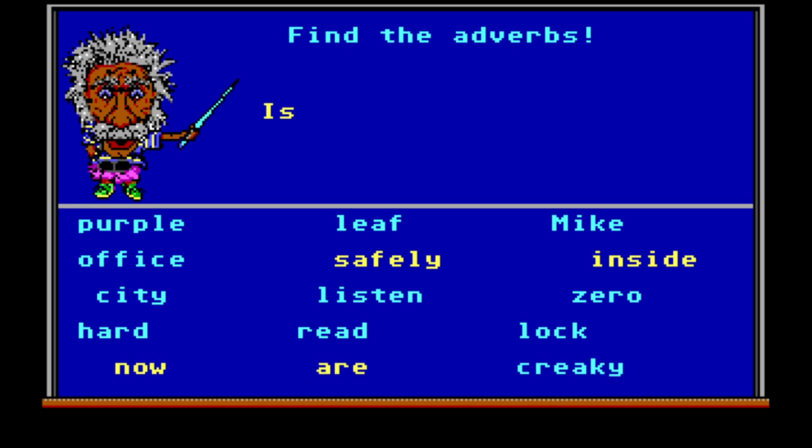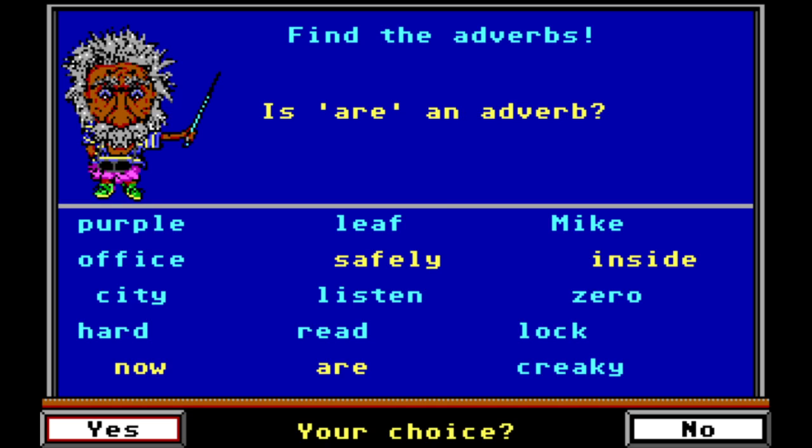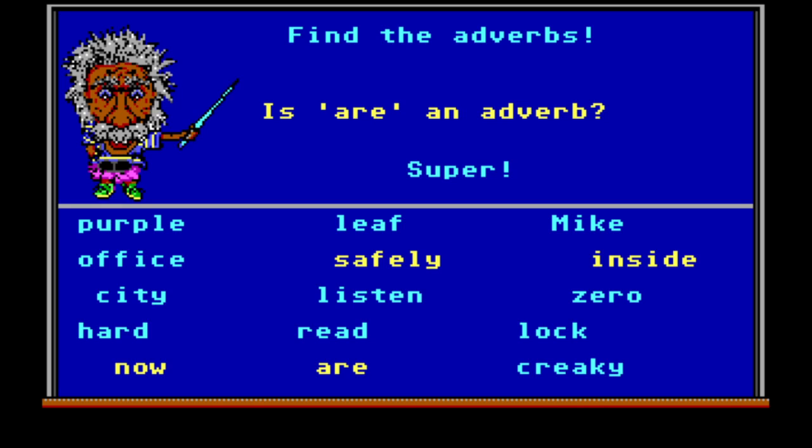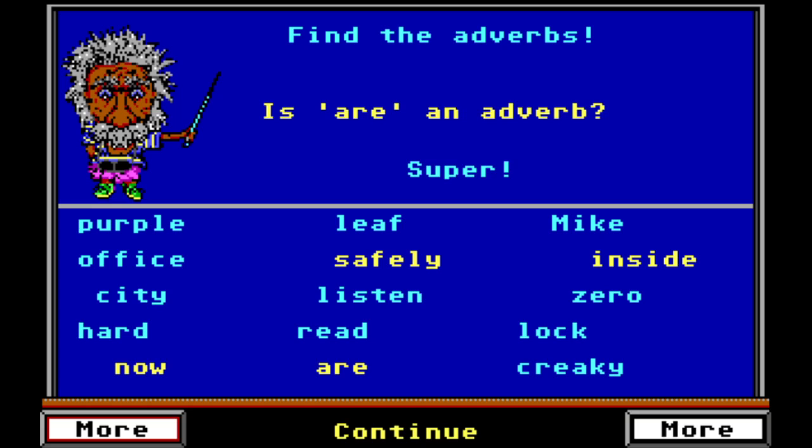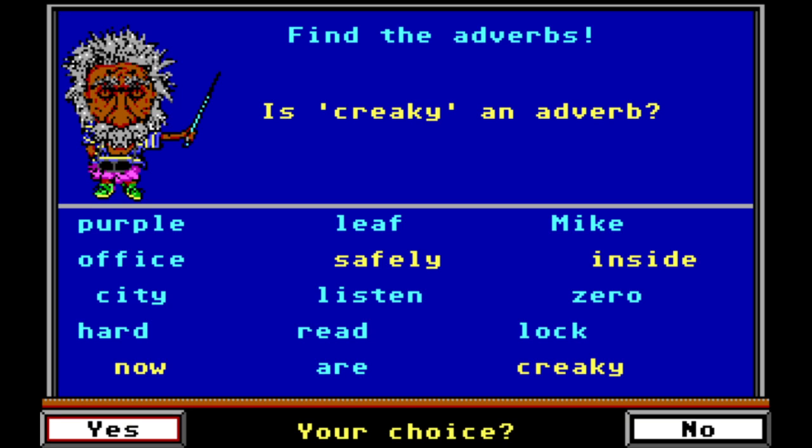I guess now is. Are, I don't know how that would be classified. Like, I know how to write a good sentence, but I don't know the terminology and classifications and stuff. Creaky's an adjective.